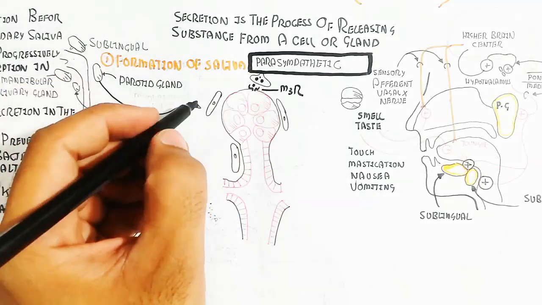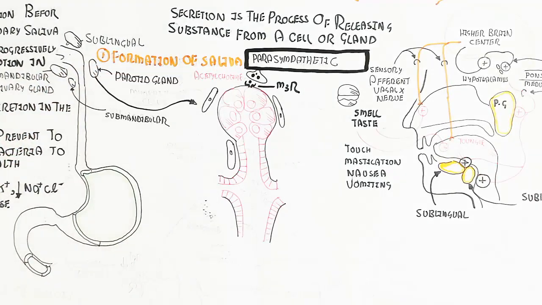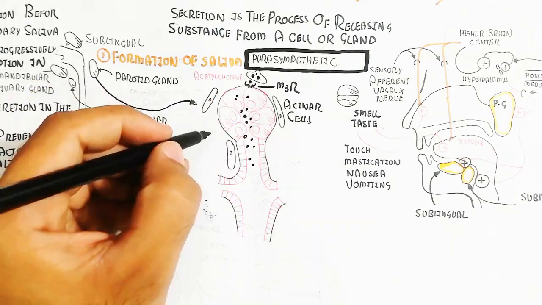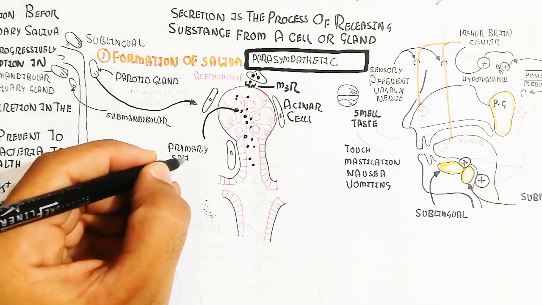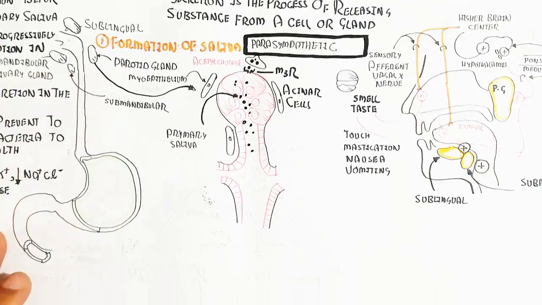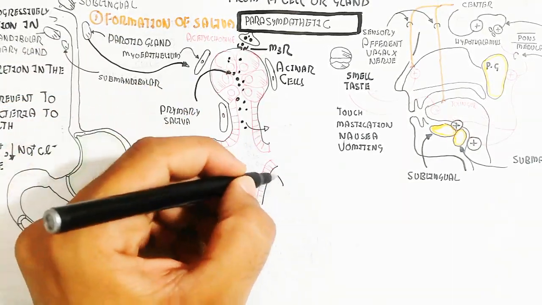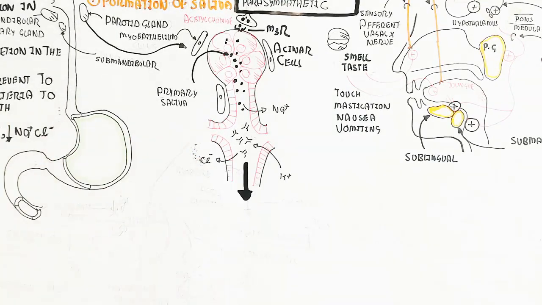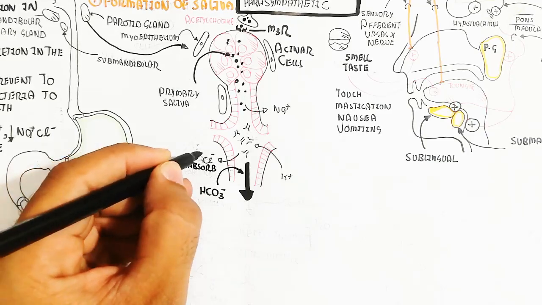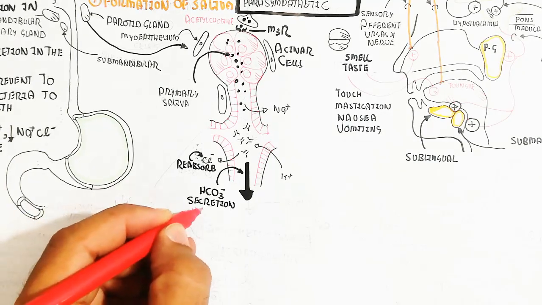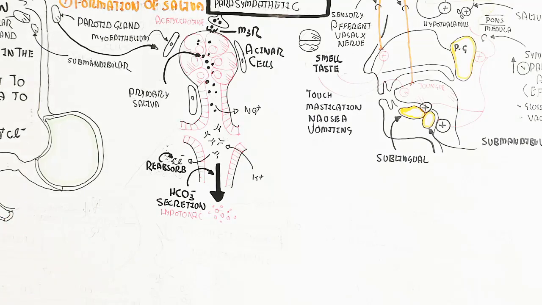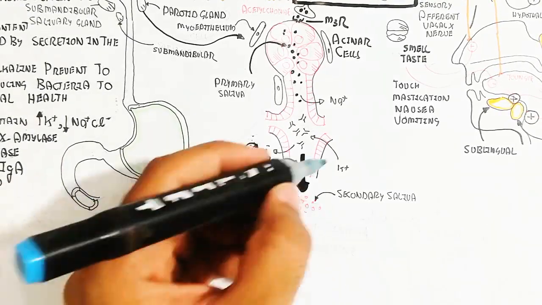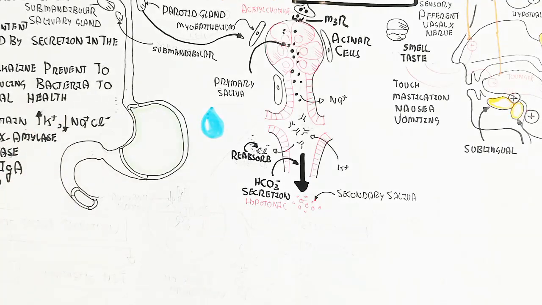Each acinar cell contains the M3 muscarinic receptor, which responds to parasympathetic stimulation and acetylcholine release. Myoepithelial cells are also present, which contract to release the secretion completely, along with immunoglobulin. The chloride and sodium are reabsorbed back, while potassium, immunoglobulin and bicarbonate increase, and secretion is greater, which leads to a hypotonic condition. This secondary saliva is then produced.